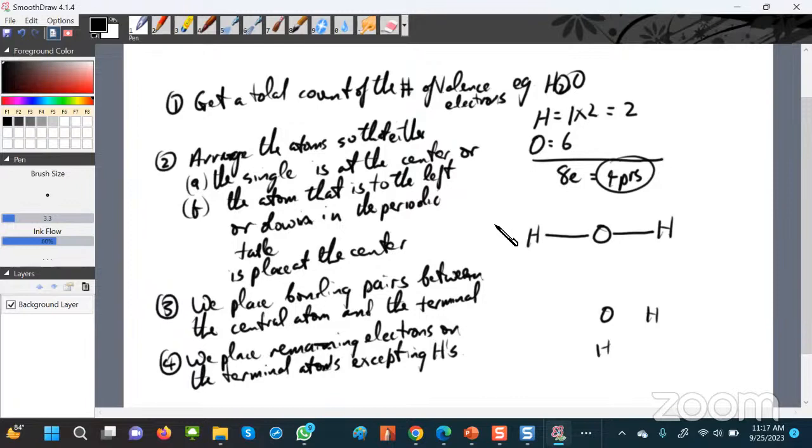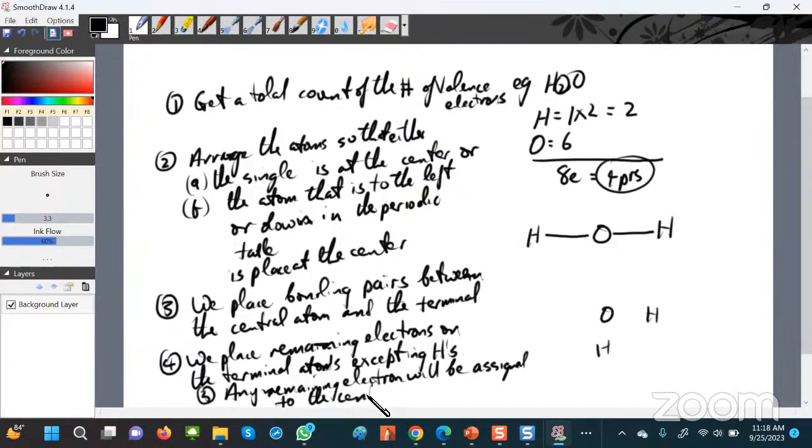So what does that mean? That means that the next step, step 5, if I can squeeze it in here, is that any remaining electrons will be assigned to the central atom.